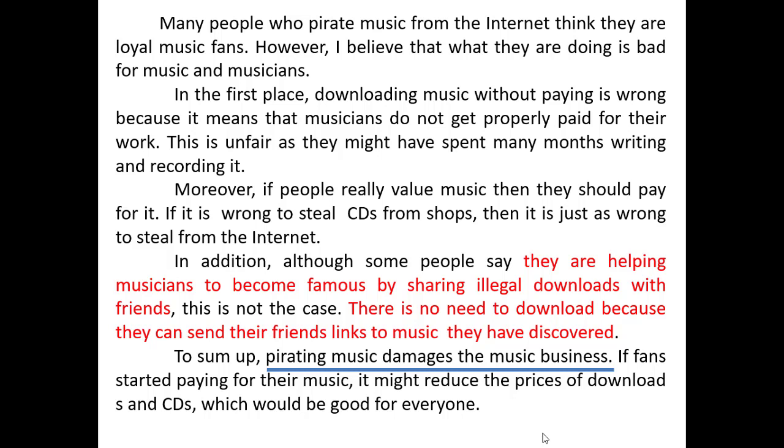So the answer would be B. Alright, so on the screen there is the complete version of the essay with the best final paragraph that we chose earlier. So now look at the instruction of Activity 4.